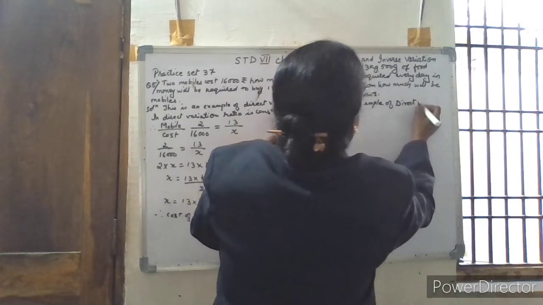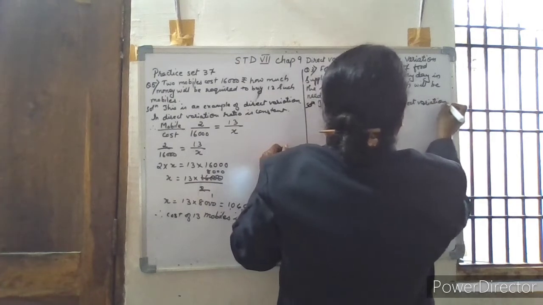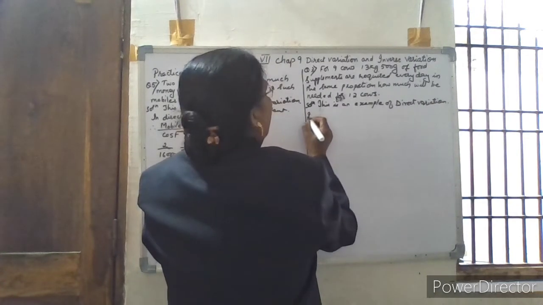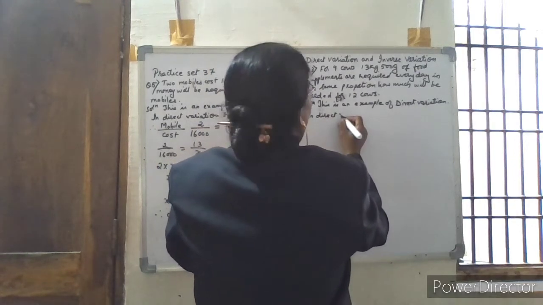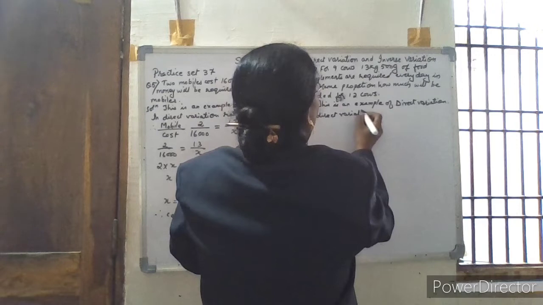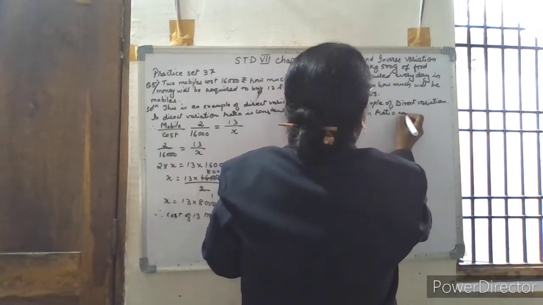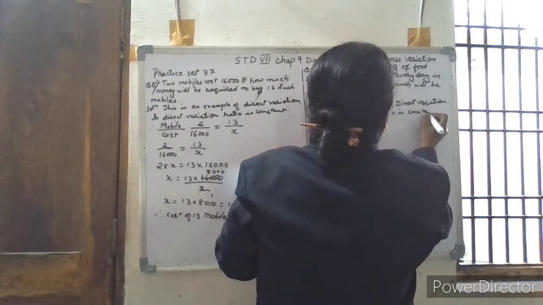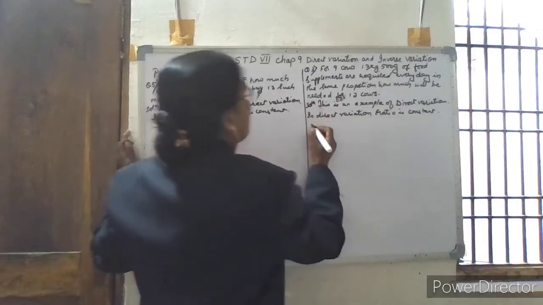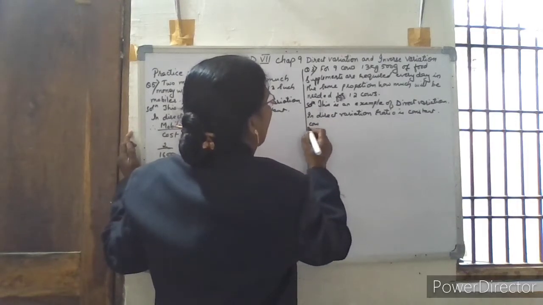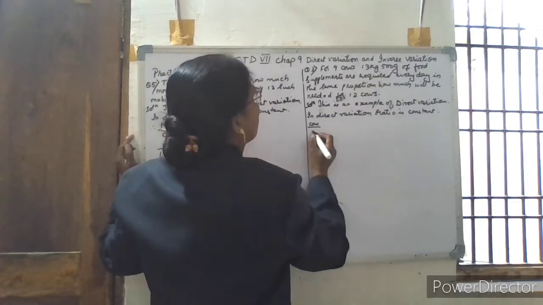Therefore, we know in direct variation the ratio is constant. Therefore, we'll form the ratio, that is the number of cows by the quantity of food.